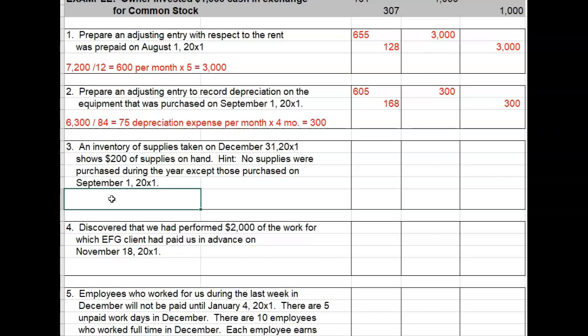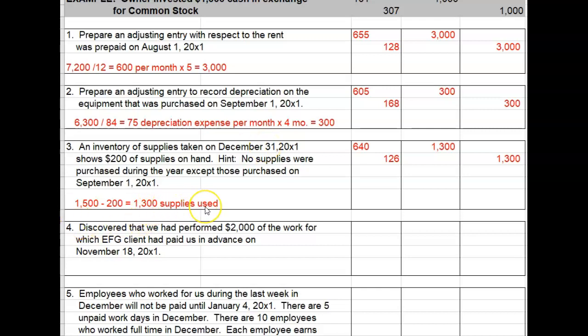Calculate the amount of supplies used and record the adjusting journal entry. So $1,500 of supplies that were purchased on September 1st minus the $200 of supplies on hand at December 31st equals $1,300 of supplies used between September 1st and December 31st.